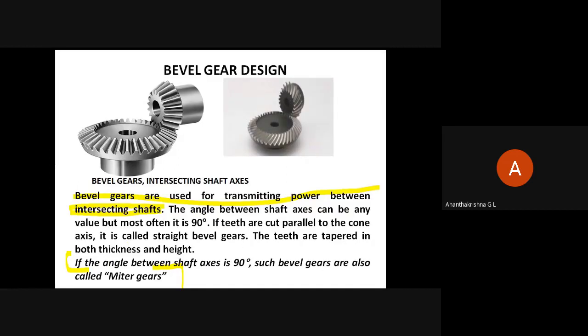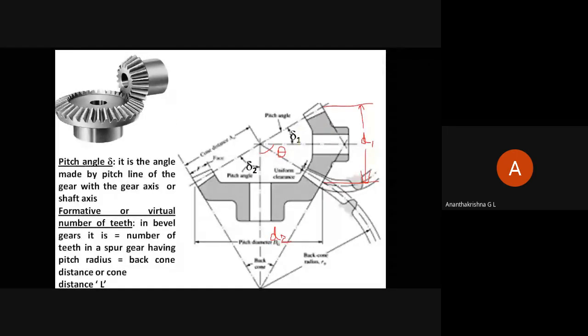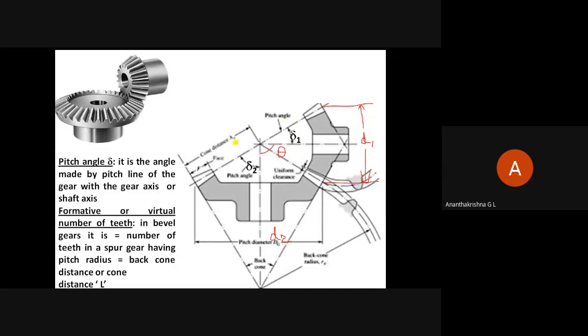Okay. Shall we move on to the next? Yes, sir. Okay. This is again the terminology of bevel gears. Here, whatever you see, delta 1 and delta 2 are pitch angles, the pitch angle of pinion and pitch angle of gear.